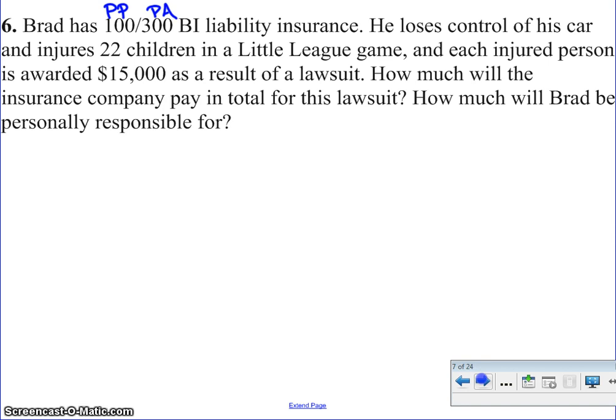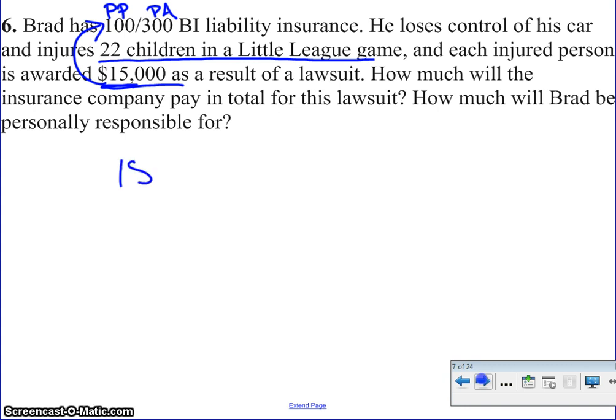He loses control of his car and injures 22 children in a Little League game, and each person is awarded $15,000 as a result of the lawsuit. How much will the insurance company pay for the total in the lawsuit, and how much will Brad be responsible for? Well, we can see here $15,000. Nobody went over the per person, so we know that per person he's okay.